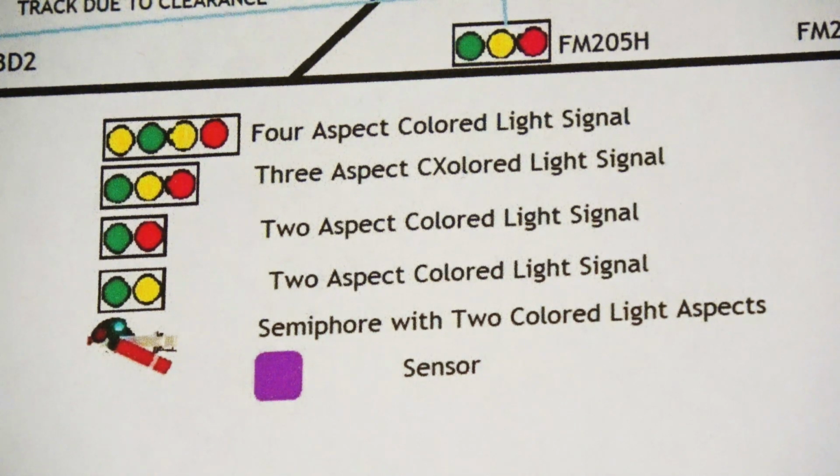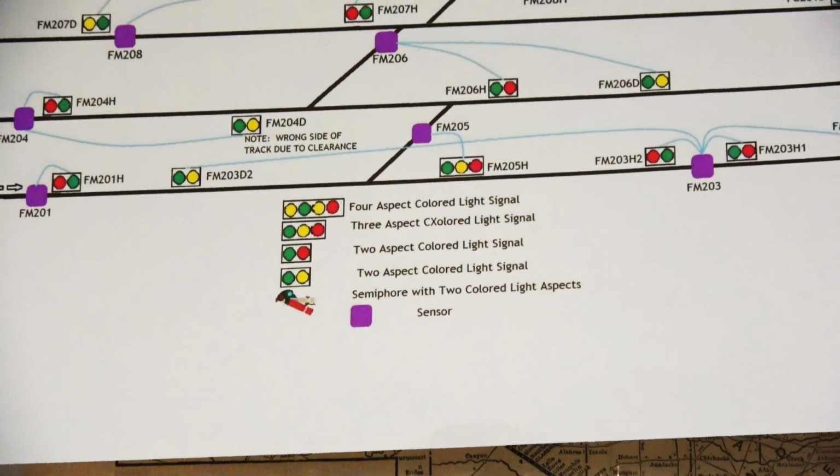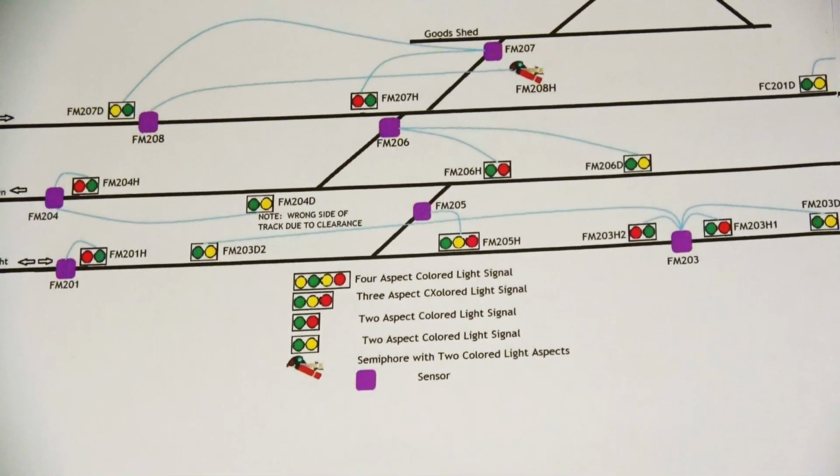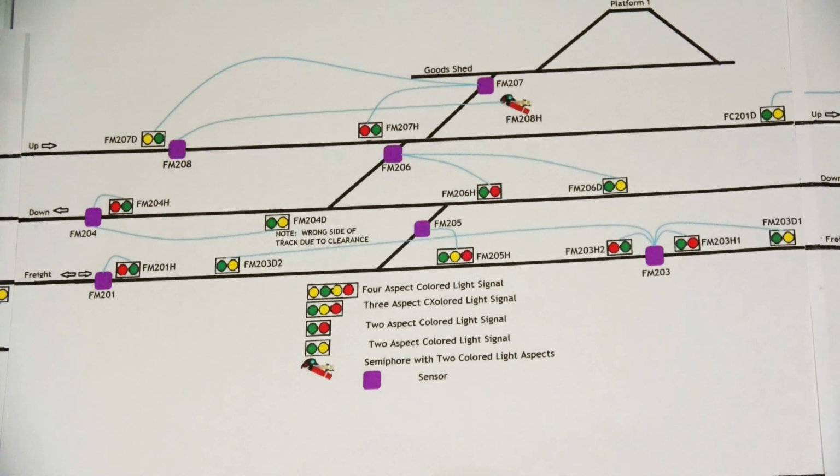I have a variety of aspects mixed together. There is one semaphore, and the purple squares are sensor locations. So I know where the sensor is. I did not make a note of where the actual control circuit is for each section, but it's generally pretty close to the sensor, so it's not hard to find.